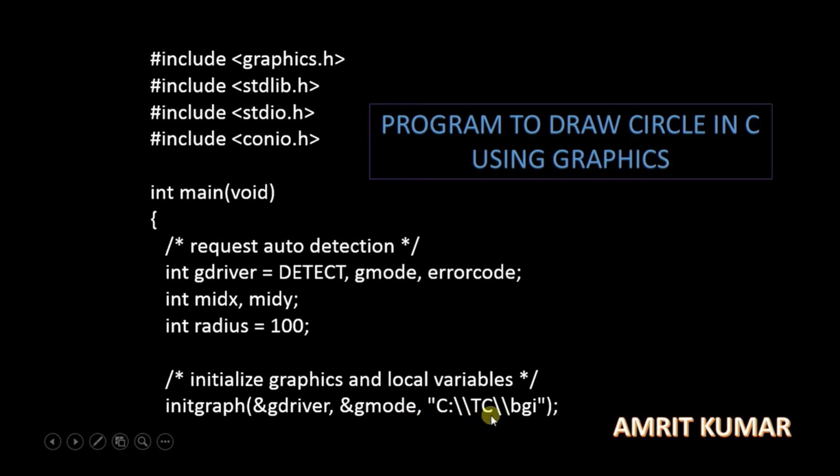Then I am passing the path of the BGI files, which is the location under the C folder. This is the path for initializing the graphics in C language, so you need to write these things.